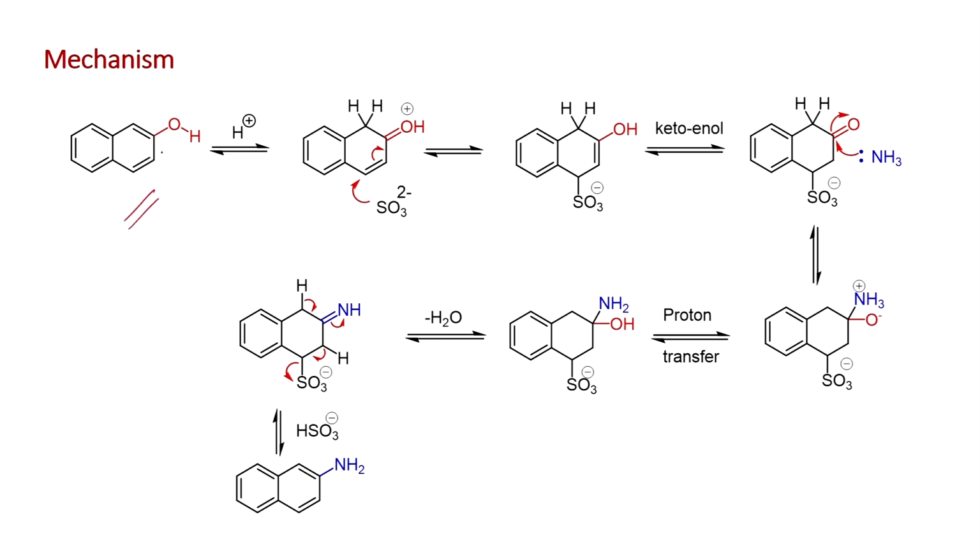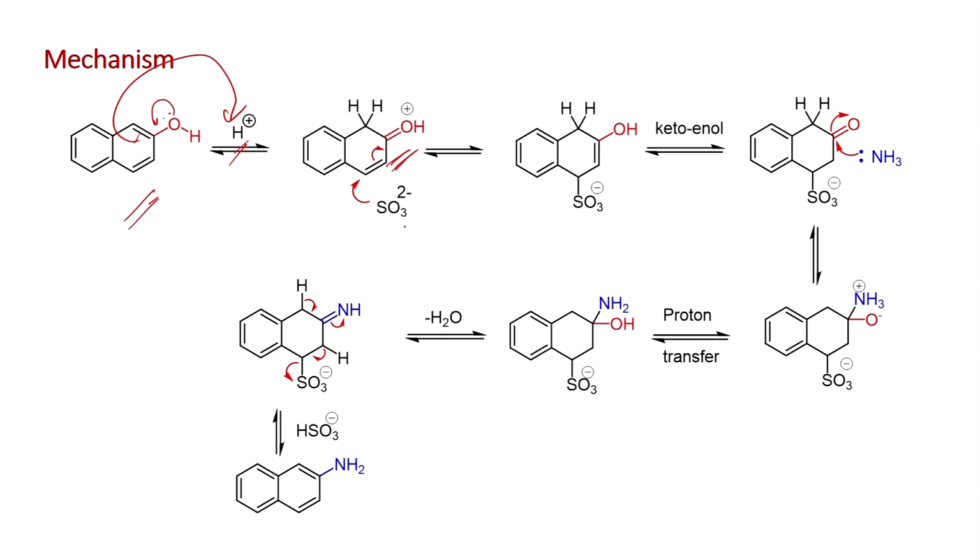You can see here the beta naphthol, in the presence of acid, can take this proton, and you will be able to form this intermediate.